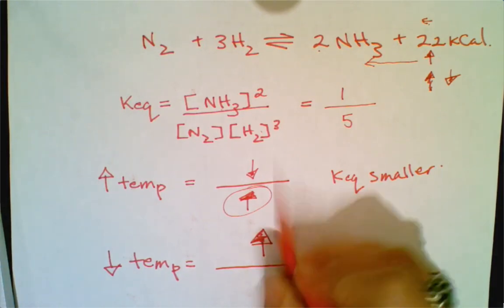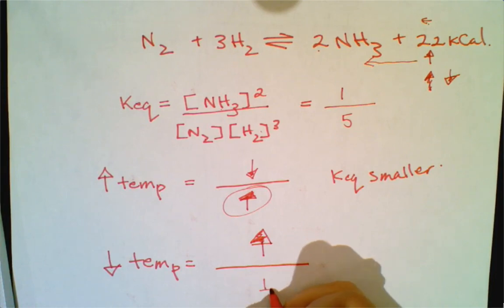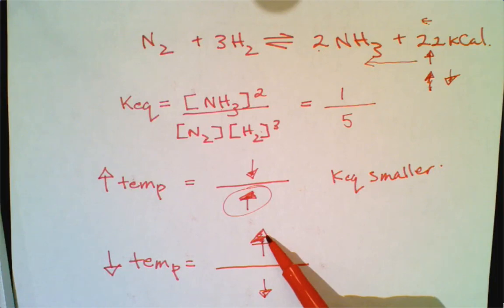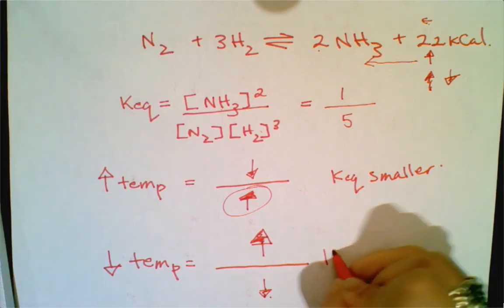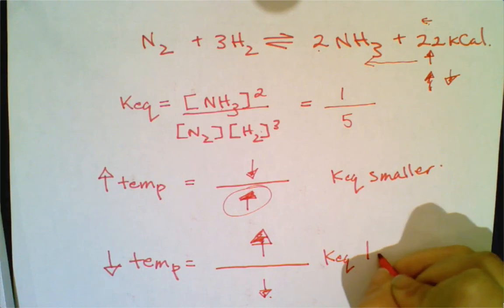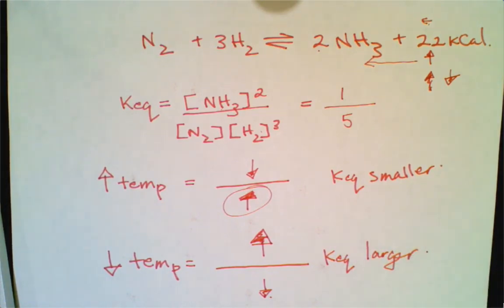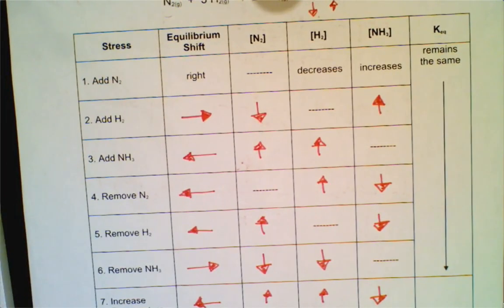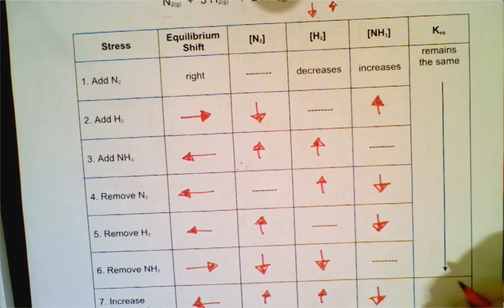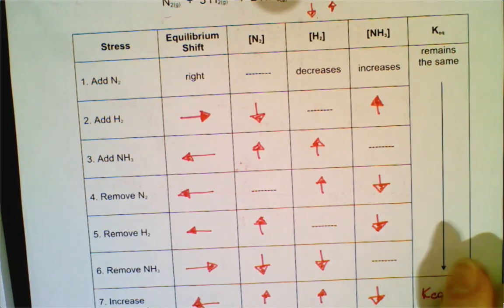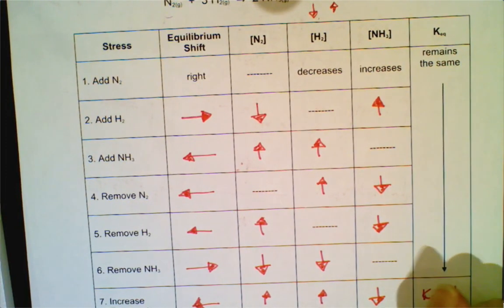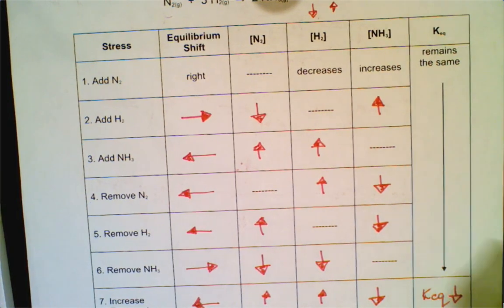Your numerator goes up and your reactants go down. When you have a big number divided by a small number, your KEQ value gets much larger. So the effect on your KEQ value is affected by temperature. Again, when we increased the temperature in that particular case, our KEQ value went down, and in this particular case, our KEQ value went up.